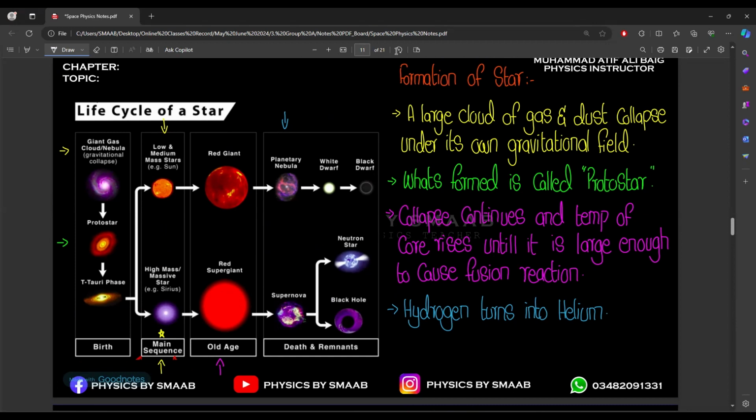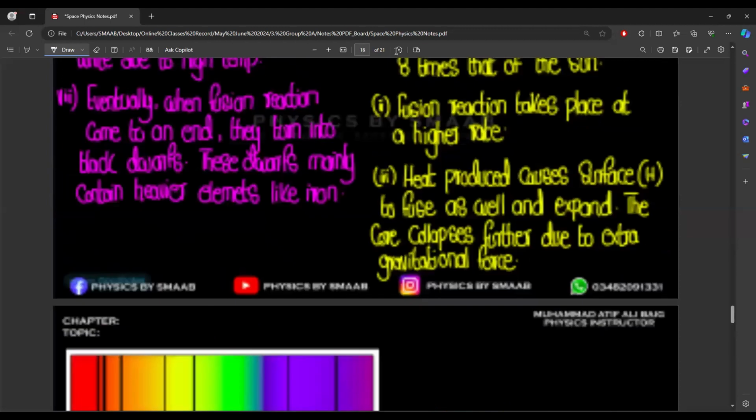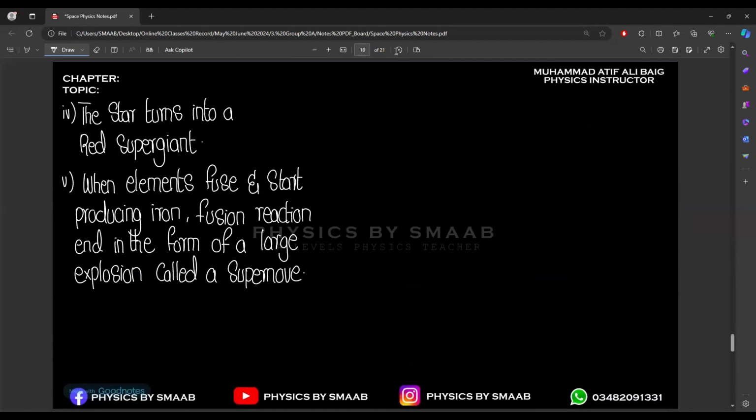So there are two possibilities, but in only red giant, it converts into planetary nebulae, then white dwarf and black dwarf. So these are the possibilities for the red giant. But in red supergiant, there are two possibilities to convert into the final stage. So let's see how it takes place.